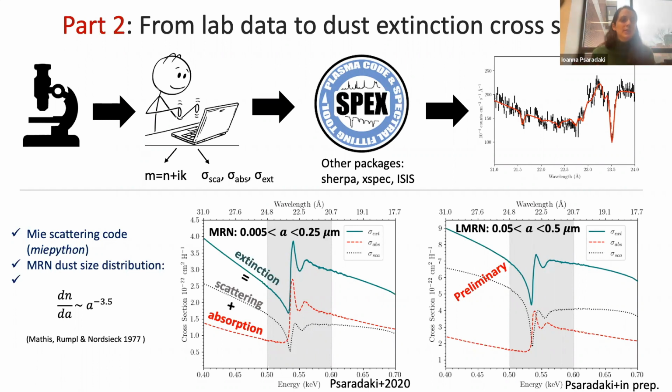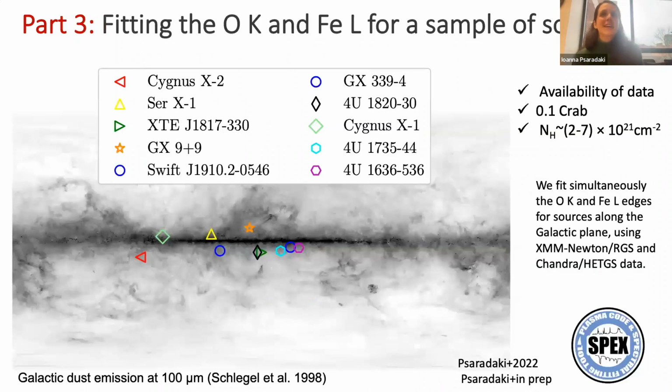Once we have all these cross sections, we need to feed them to a favorite X-ray fitting package. In our case, we used SPEX, which is designed in the Netherlands. But these models will eventually be public, to be used also in any other X-ray fitting package that we use nowadays. And the last step is, of course, having those models in the X-ray packages to fit our spectra.